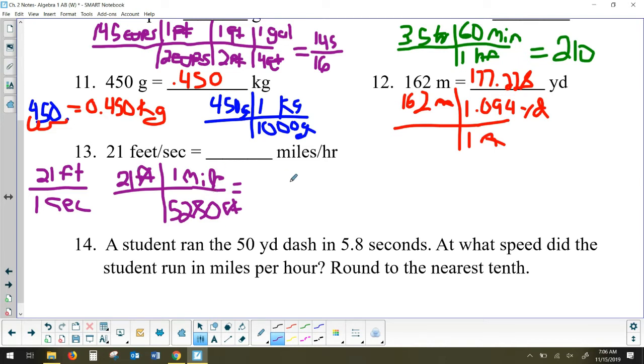So that's what we end up with. So we really have how many miles? 0.004 miles.